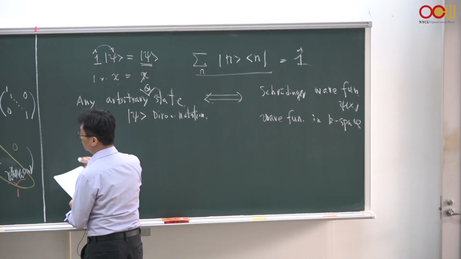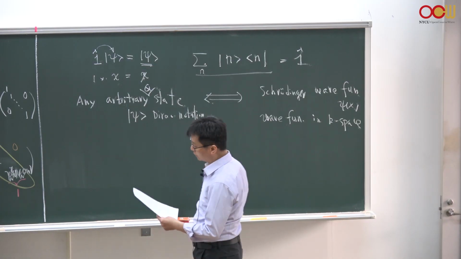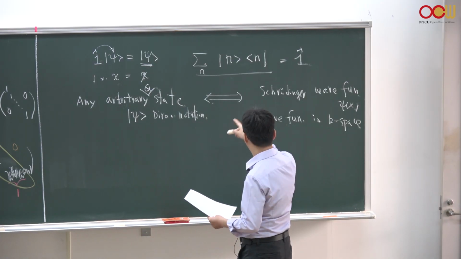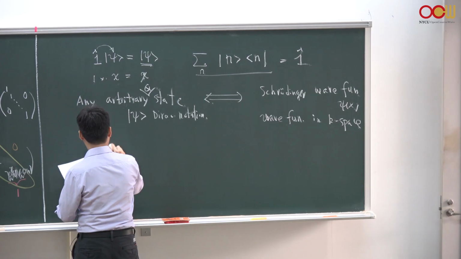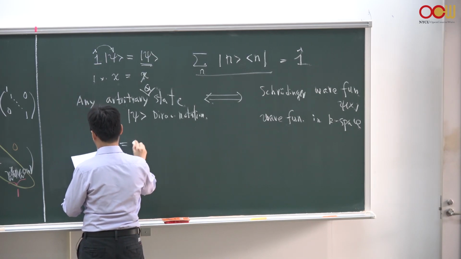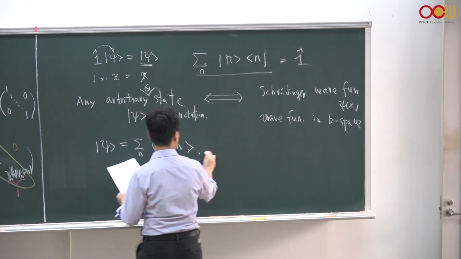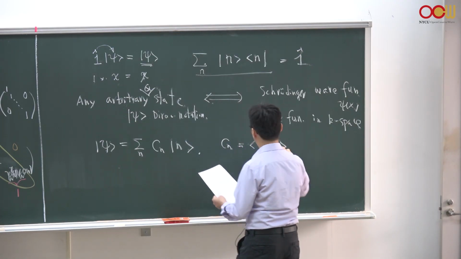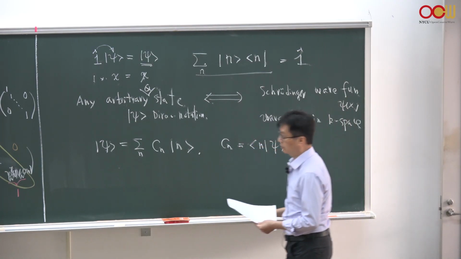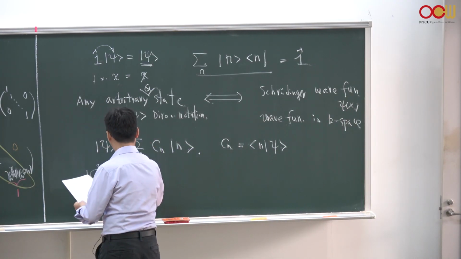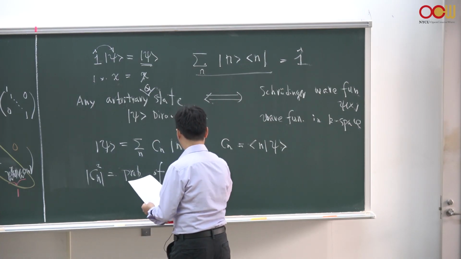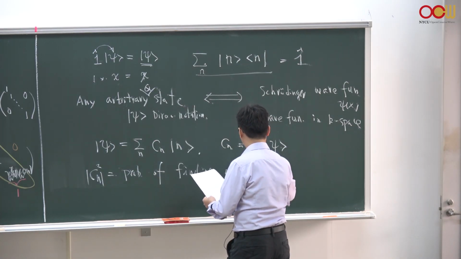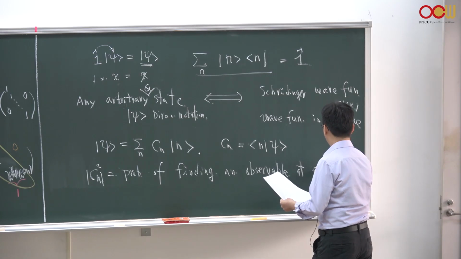So let's use this expansion theorem in the Dirac notation to understand the subtle difference. Let me repeat this expansion theorem. Cn is this coefficient, and you know that Cn squared is the probability of finding an observable at eigenstate.